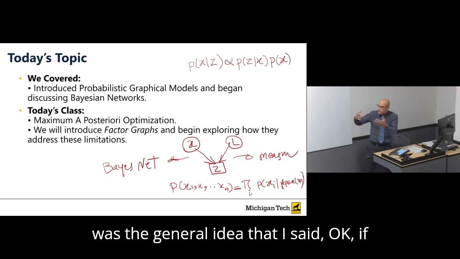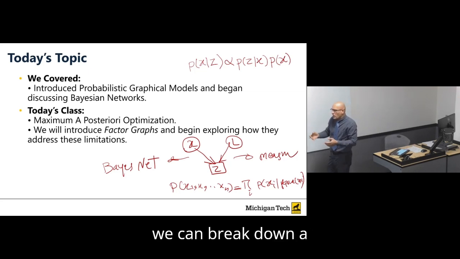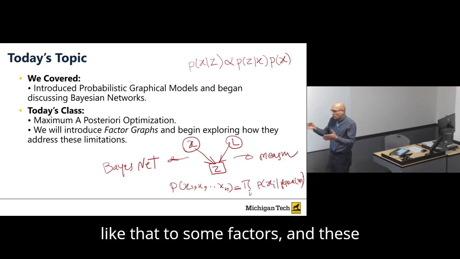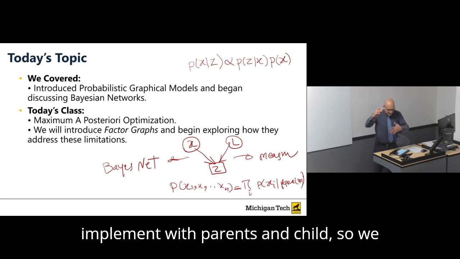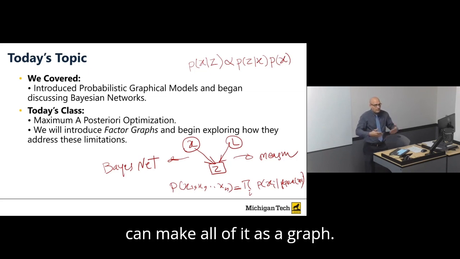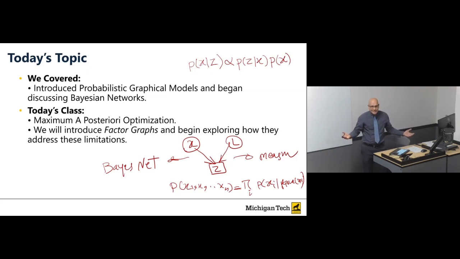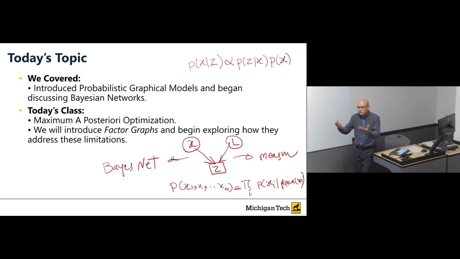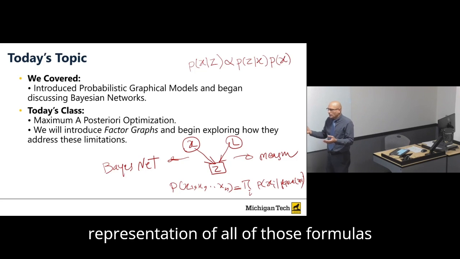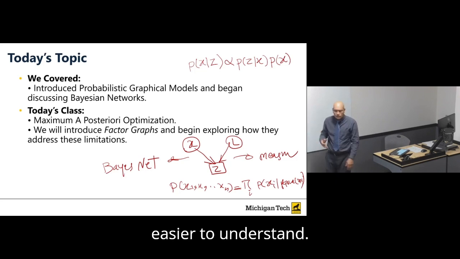So this was the general idea: if we can break down a huge joint probability like that into some factors, and these factors can be implemented with parents and child, we can make all of it a graph. The graph makes a visual representation of all of those formulas and is easier to understand.